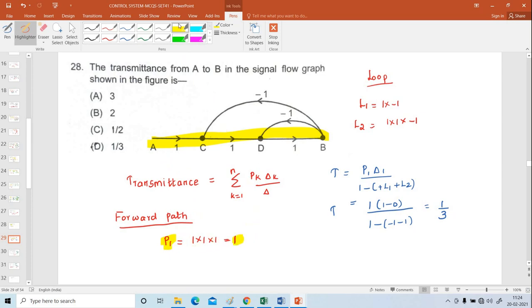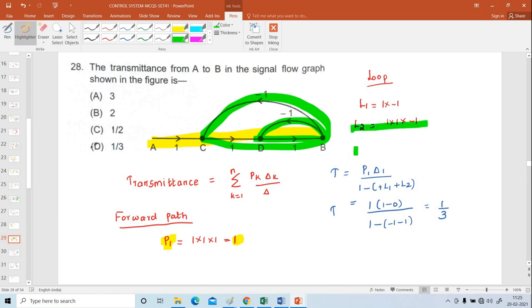And next I am going to find out the number of loops. There are two loops available. One of the loops is 1 into minus 1. What is the second loop? The second loop is 1 into minus 1. So two loops are there. After finishing this, I am going to find out the transmittance. P1 delta 1, have to expand this, divided by 1 minus the sum of individual loops.